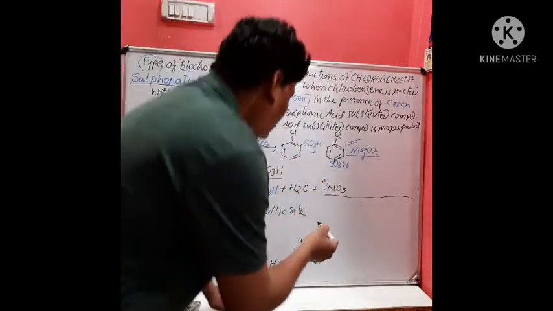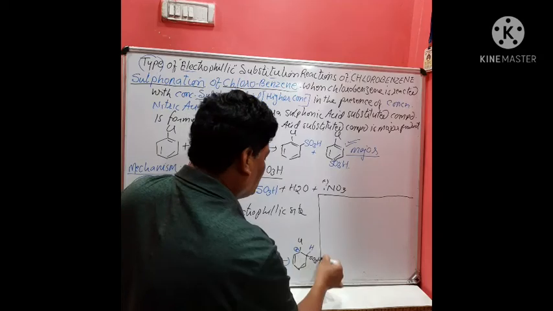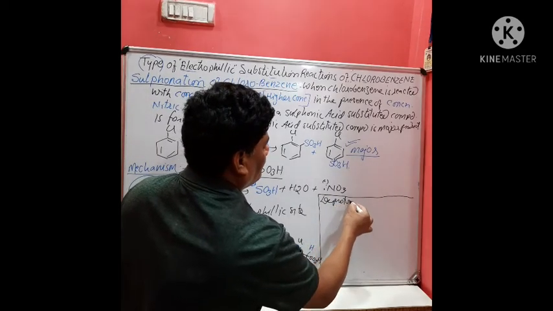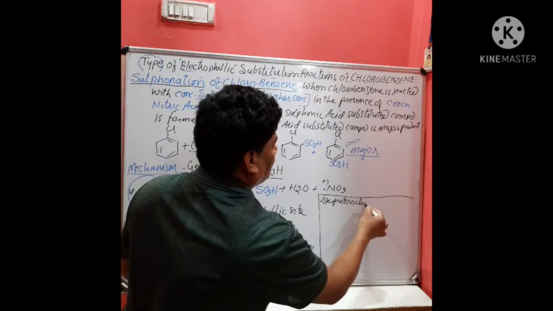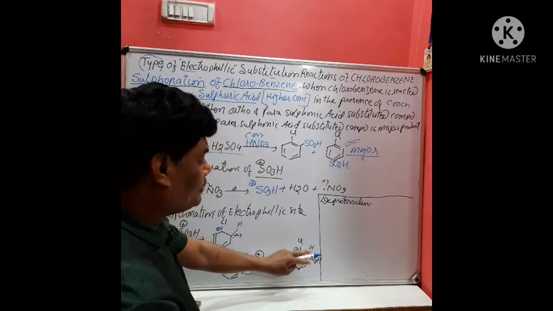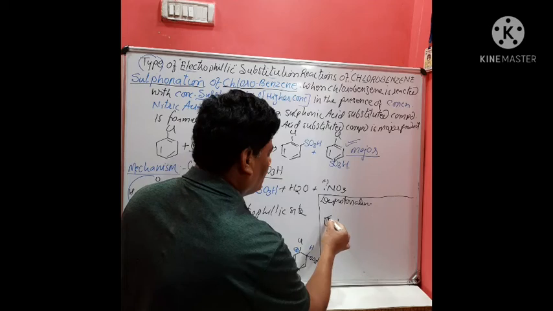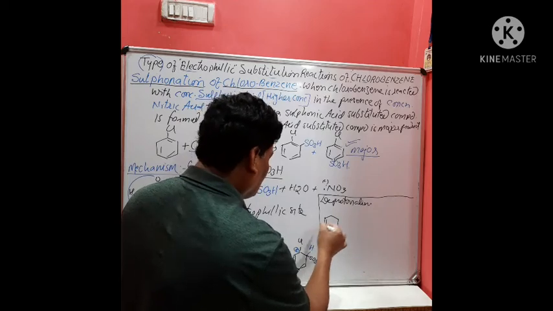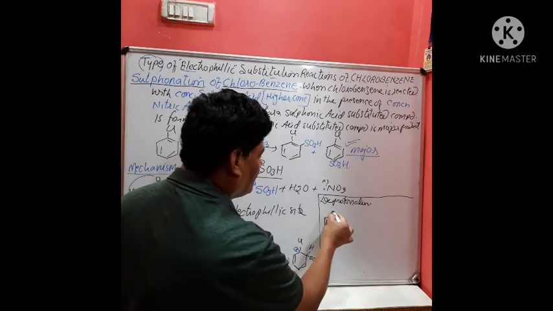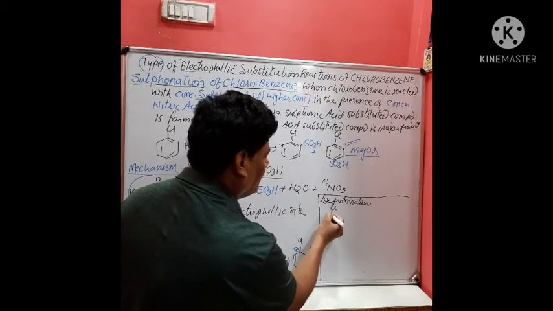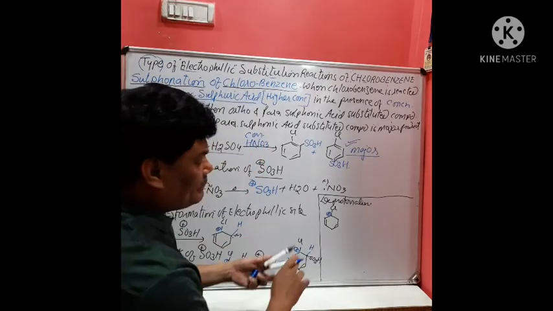And what about the fourth step? So we can go for the fourth step. What is the fourth step? This is called deprotonation. Deprotonation. Okay, that is, H is to be removed, because here is the electron deficiency. So this electron deficiency must be removed.